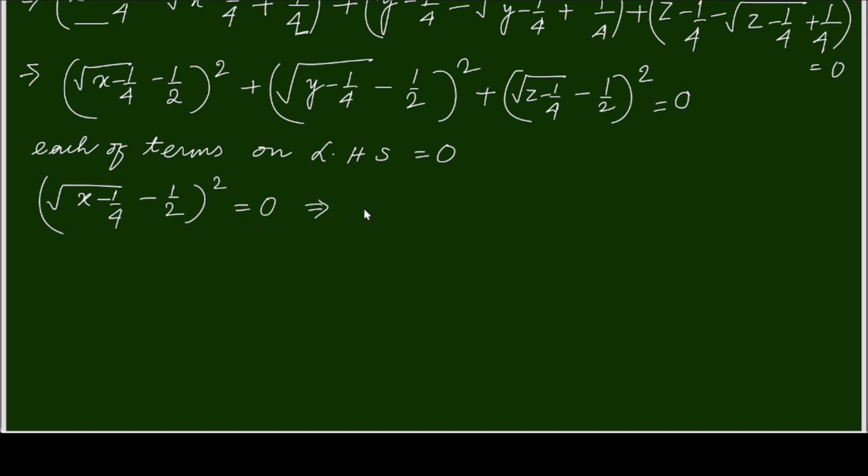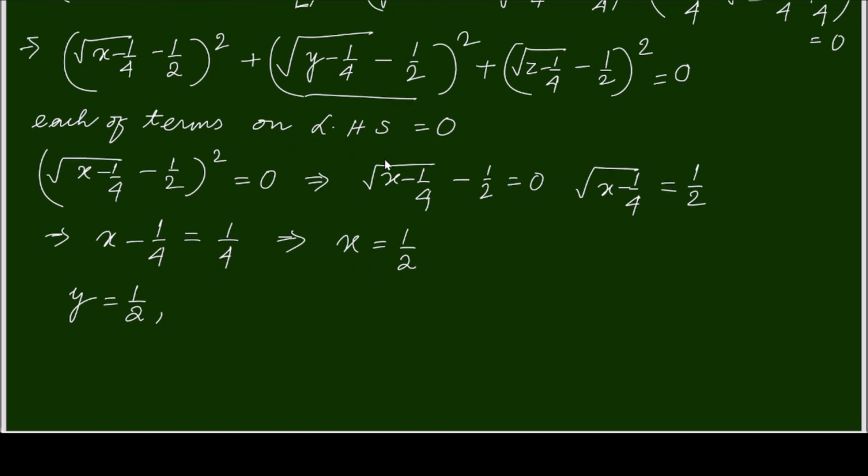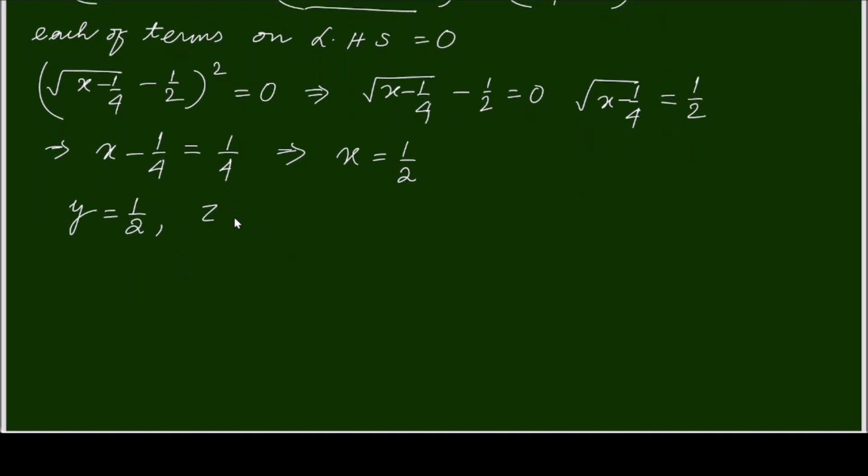This gives us square root of x minus 1 by 4, minus half, equals 0, or square root of x minus 1 by 4 equals half. Now squaring both sides, I'll get x minus 1 by 4 equals 1 by 4, or x equals 2 by 4, that is half. In the same way, y is equal to half, and z equals half.